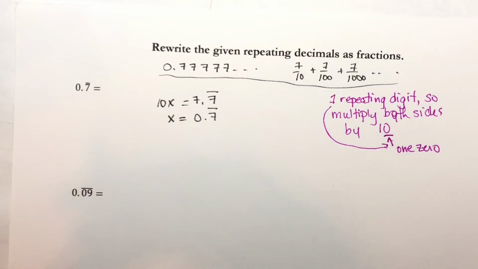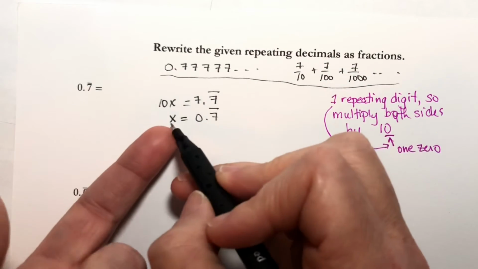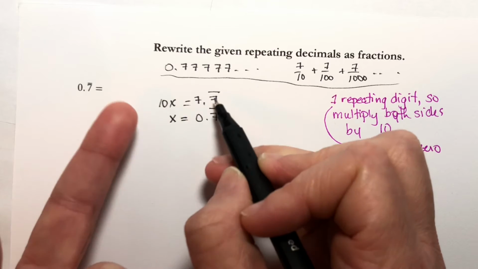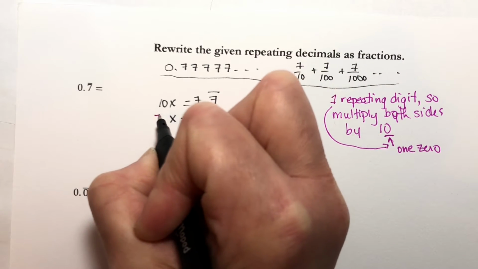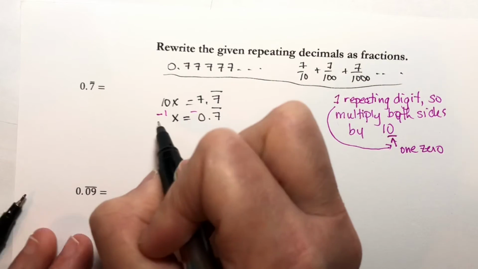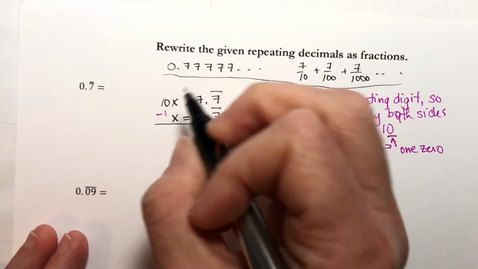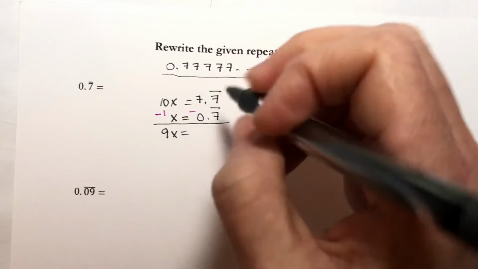Now what I'm going to do is subtract these. I can do this. If this equals this, then I'm essentially subtracting the same value from each side. So if I subtract x, I get minus x, and 10x minus x is 9x, is equal to. Now look what happens here.